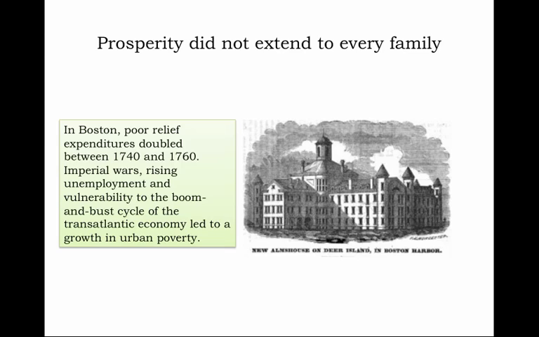This was the result of a number of factors: imperial wars, rising unemployment, the vulnerability to the boom and bust cycle of an increasingly commercial and transatlantic economy that led to a growth in urban poverty.